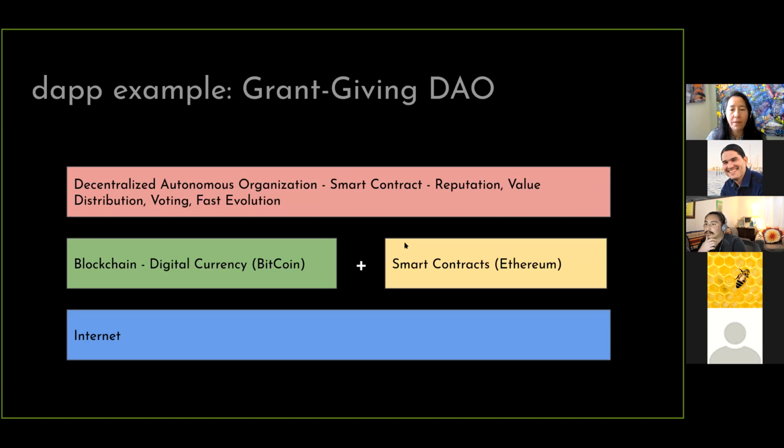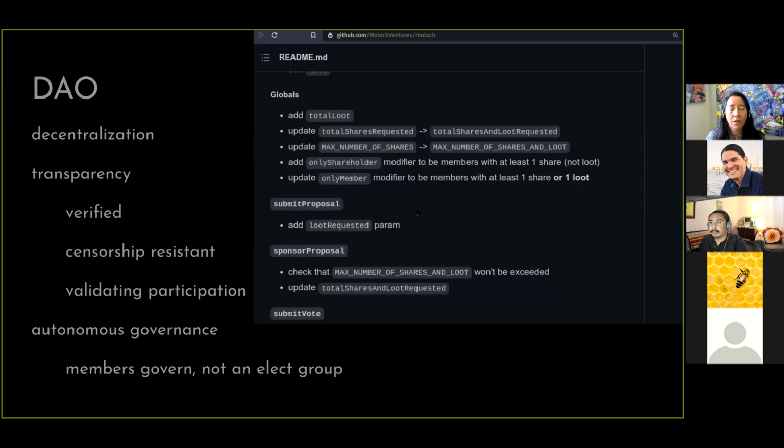And another example of something you could build as a DApp would be a decentralized autonomous organization. I mentioned that already. There's a smart contract that it's built upon, and a lot of them are built on reputation, value distribution, voting, and fast evolution. So here on the right is a Moloch DAO. This is a particular type of DAO contract that they've built.